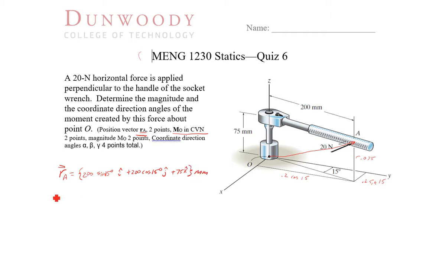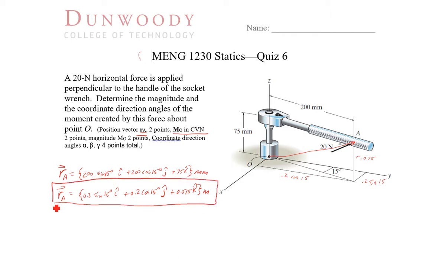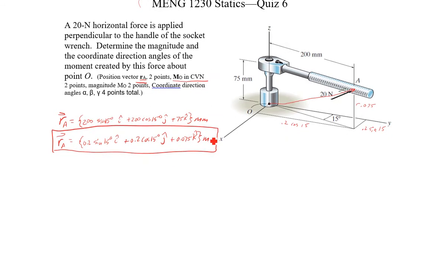Units there are millimeters, or 0.2 sine of 15 I plus 0.2 cosine of 15 J plus 0.075 K, and our units here would be meters. So either one of those would be acceptable. Just keep your units consistent. I'm going to go with meters so I can get something in Newton meters for my moment.